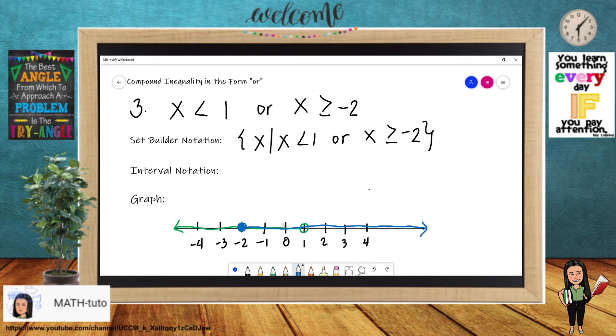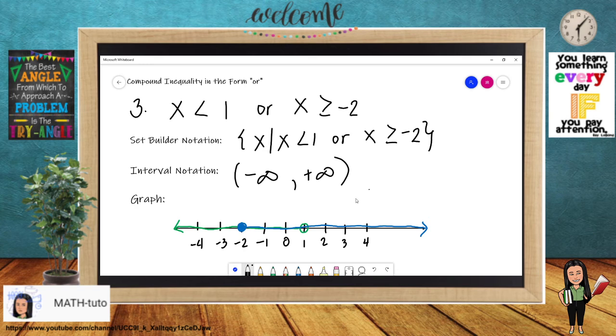Of course, those two have an overlap: the numbers from negative 2 to 1, including 1. Since this is a union, it doesn't matter if there is an overlap. It just means the solution will be from negative infinity until positive infinity. So, all the numbers are covered. All real numbers. Okay?